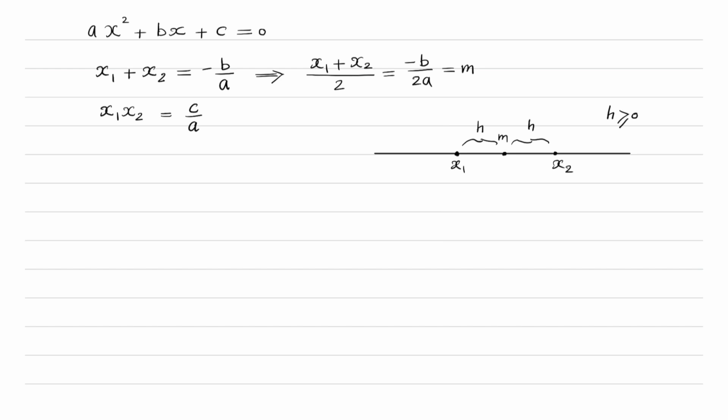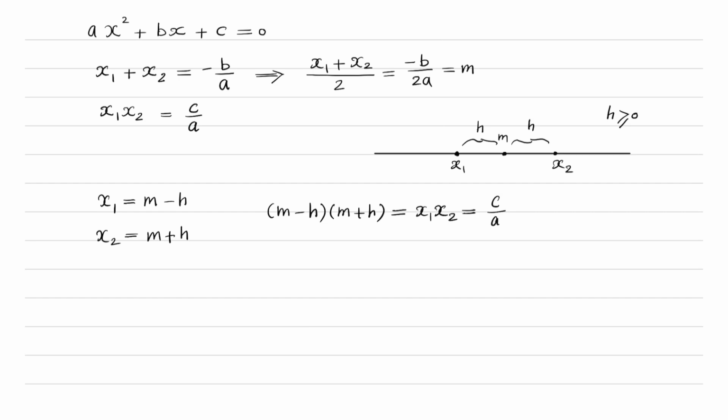So we know the average of the two roots. It's minus b over 2a, and x1, the smaller root, is m minus h, and the larger root x2 is m plus h. Now, m minus h times m plus h is x1 times x2, which we know is equal to c over a.